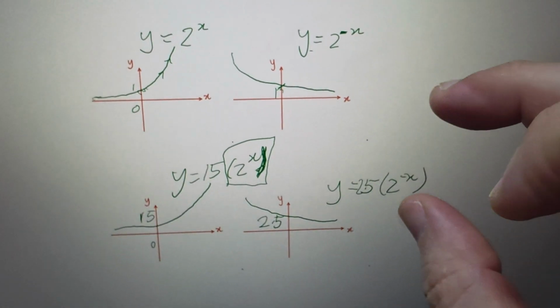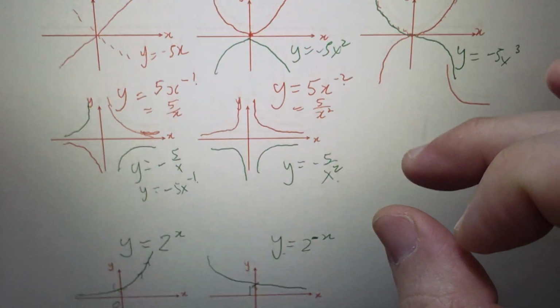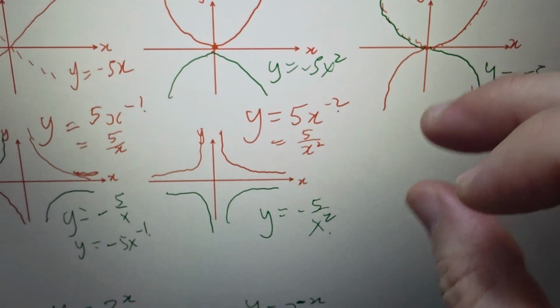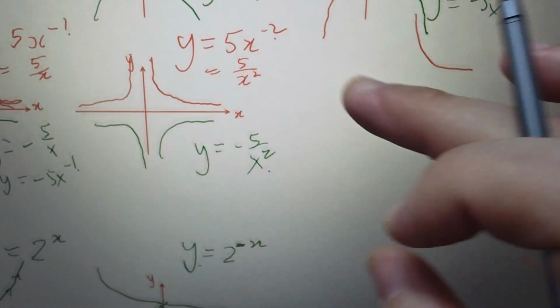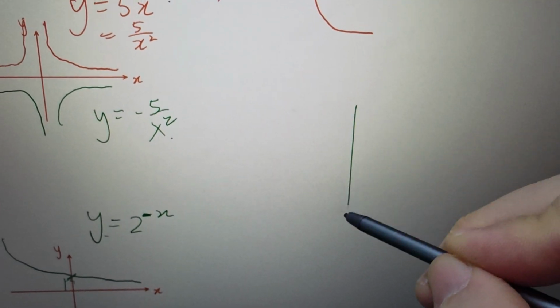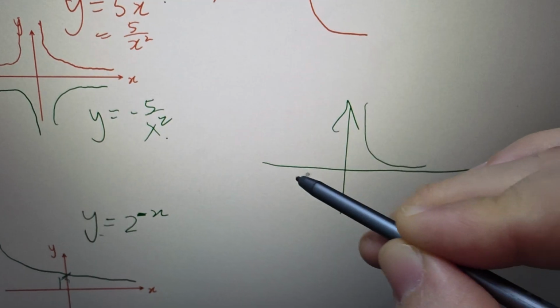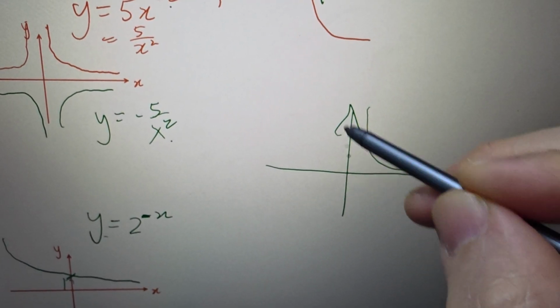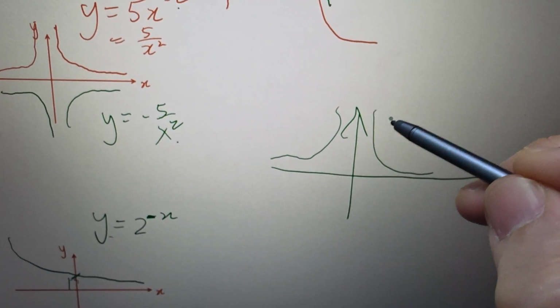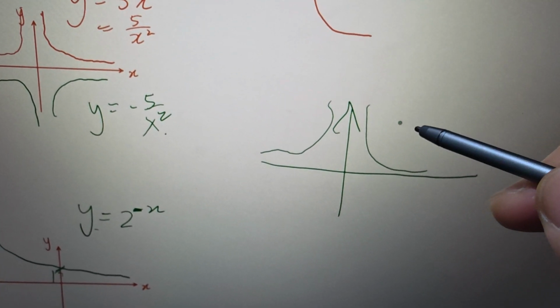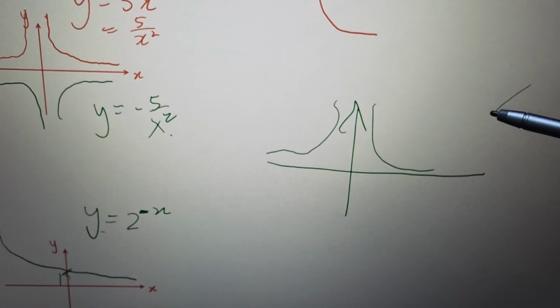Now, if you are given a question, let's say they give you this shape, then they ask you what shape this is. How do you determine what shape this is? This is harder.